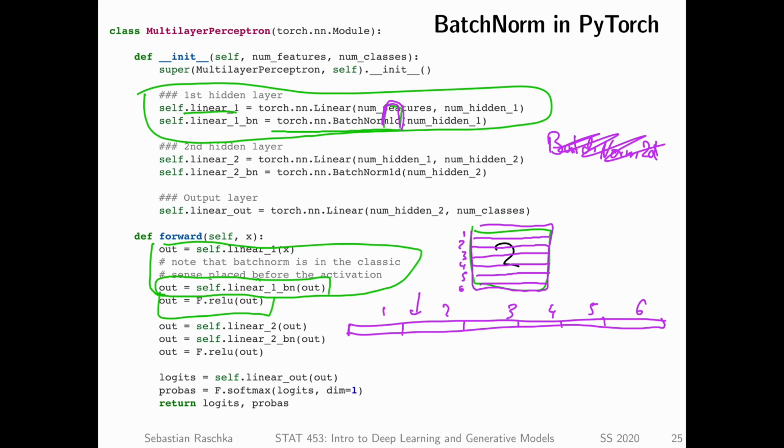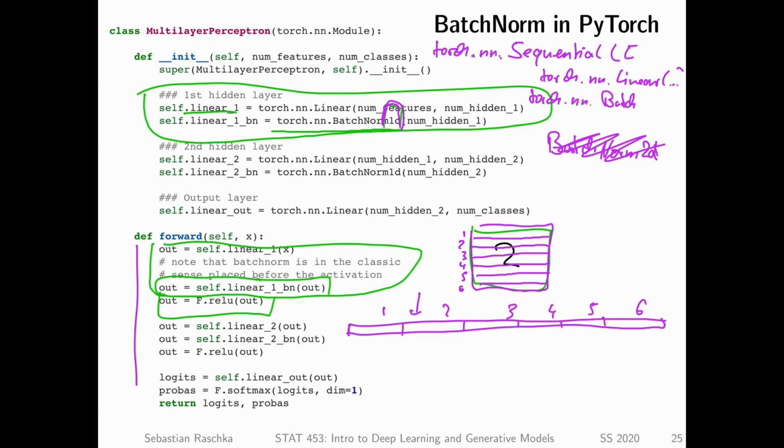Of course, you can also use the sequential API. So instead of having everything in the forward, you can also have in the init the torch.nn.Sequential, and then torch.nn.Linear with your values, and then torch.nn.BatchNorm1d, and then your parameters.